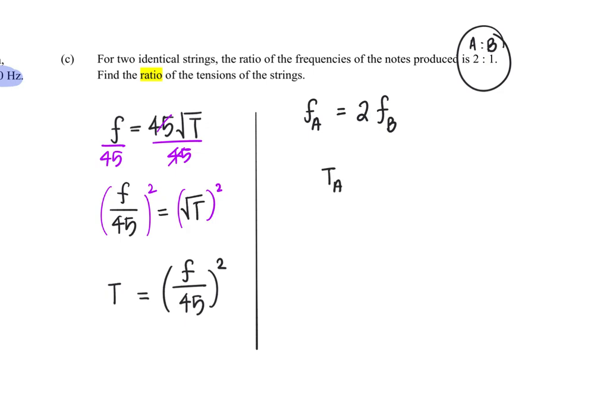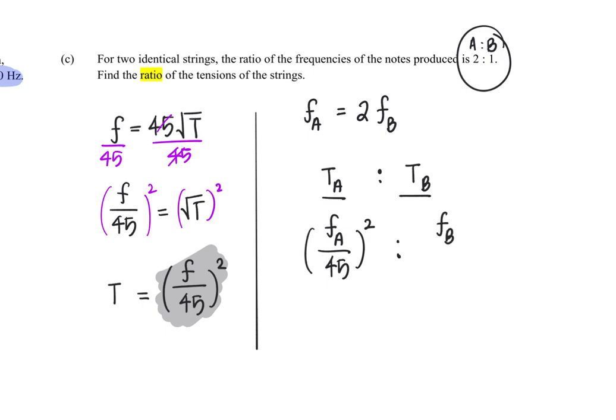And from here, now let's look at TA, tension A to tension B. And how will we work this out? Well, for tension A, notice that I can make use of this f over 45. So now for tension A, I'm going to write frequency of A over 45, bracket squared, is to frequency of B over 45, bracket squared.